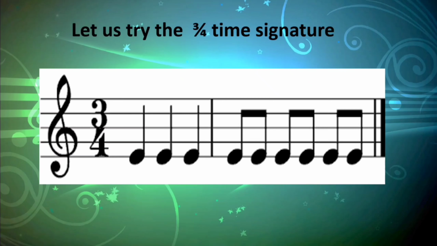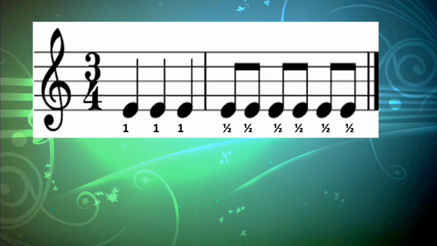And in the second measure, we also have 3 beats because every eighth note receives 1/2 beat. As we can see, the eighth notes are grouped in twos. That is how you know it is 3/4. If we interpret it, this is how it goes.